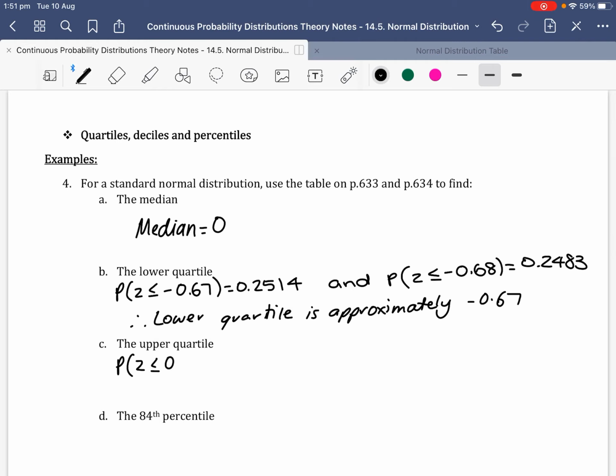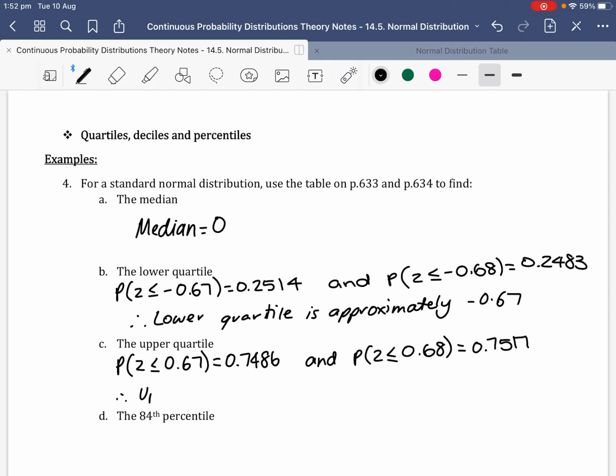So we have the probability of Z is less than or equal to 0.67, which equaled 0.7486. And we had the probability of Z is less than or equal to 0.68, which equaled 0.7517. So now we need to work out which one's closer, and 0.7486 is closer.